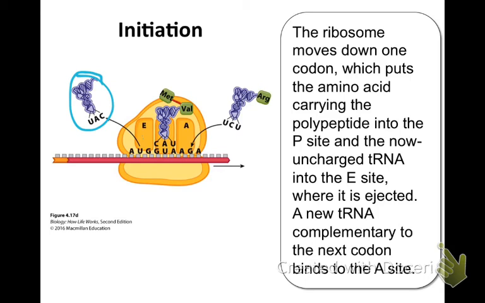The P site has the former tRNA that was in the aminoacyl site, and a new charged tRNA with the appropriate anticodon comes into the aminoacyl site, binds to the codon, and drops off its amino acid to valine, which would be ARG.